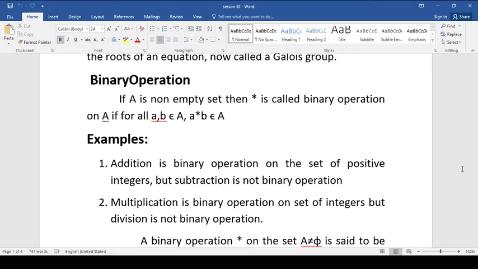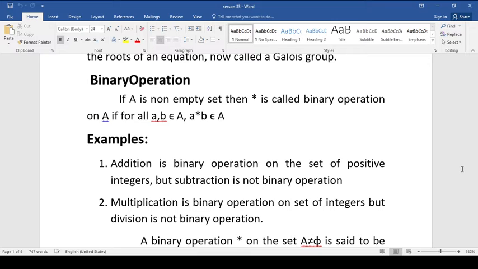Here star may be any basic operation, addition, subtraction, it may be anything. Binary operation means for any two elements from the set A, we operate on both the elements, and the resulting element should be in the set A. Then we call that operation a binary operation.